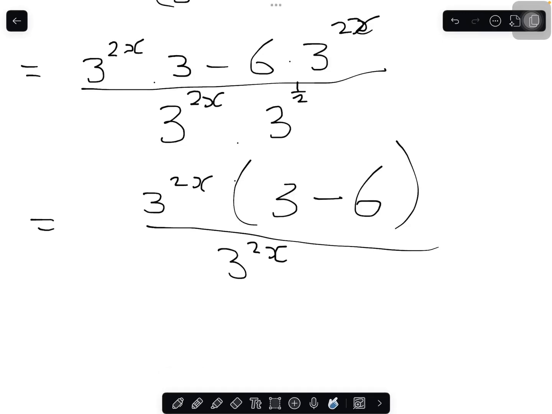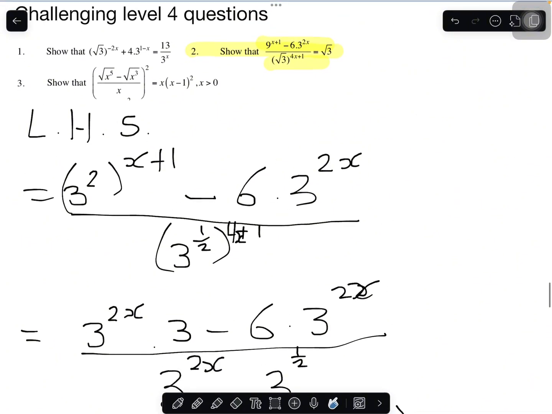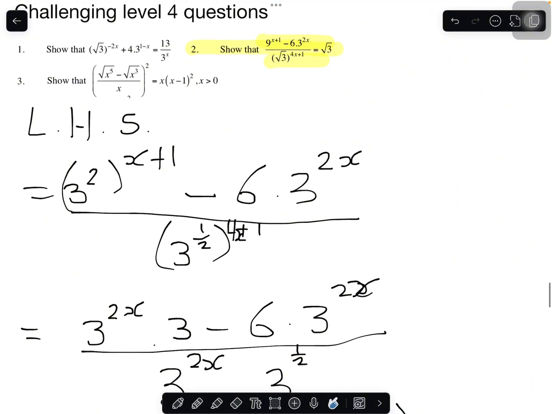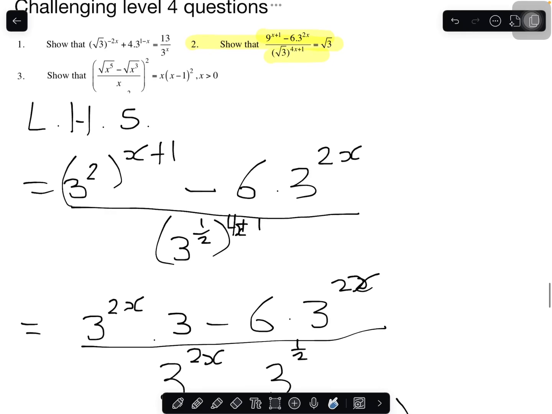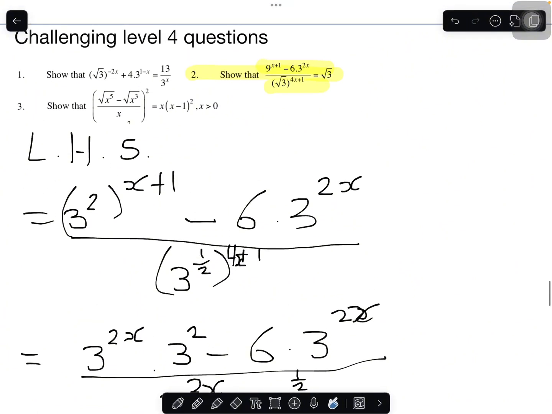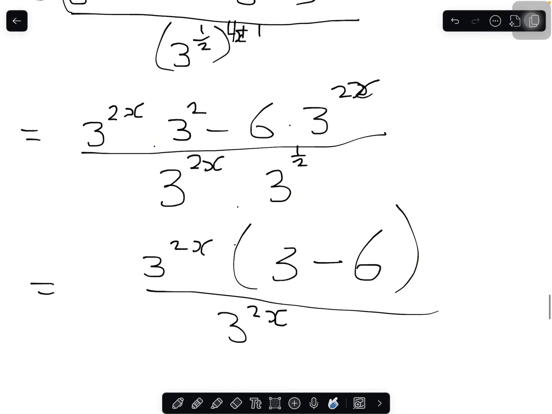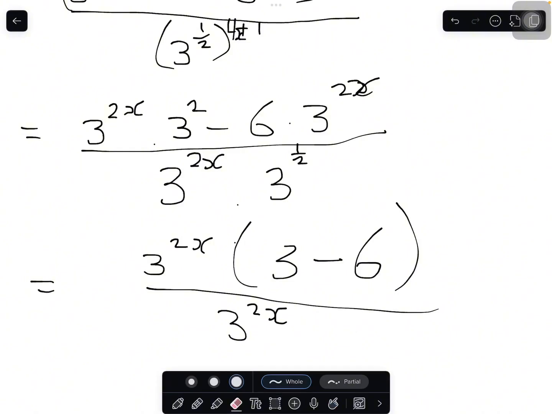Let me just make sure I looked at my question properly. Oh yes, here's my mistake here. This should be squared. Because if we look above, it will be 3 squared into both of them. This is the danger of skipping steps, guys. So this will be 9 minus 3.